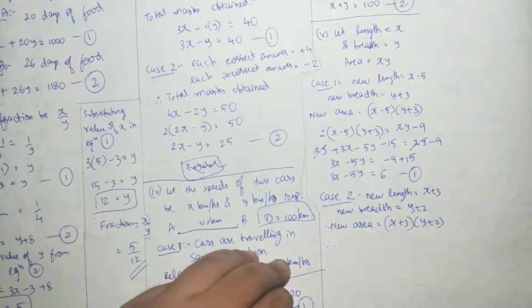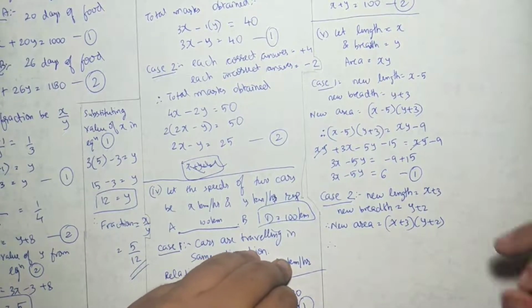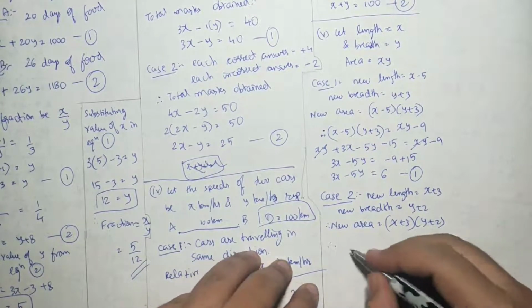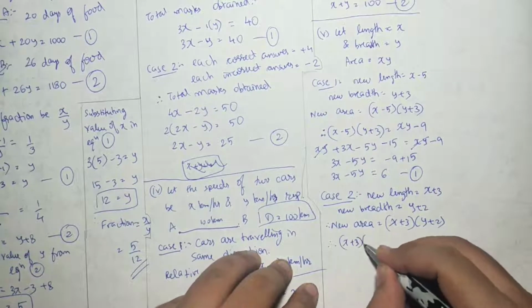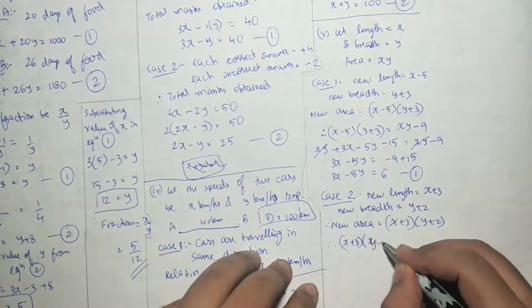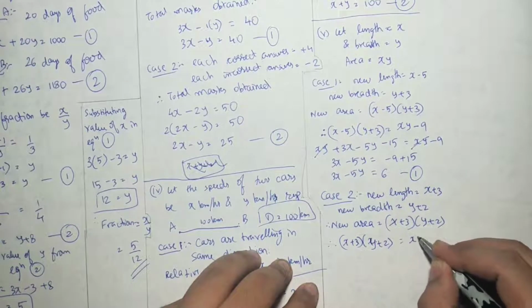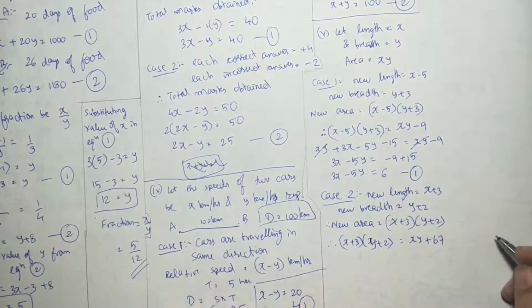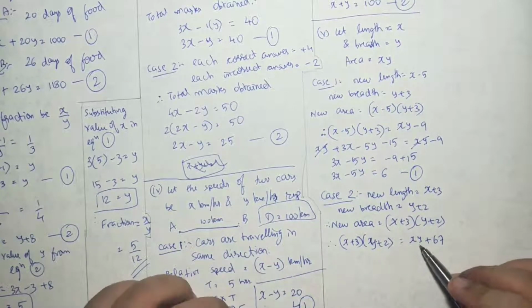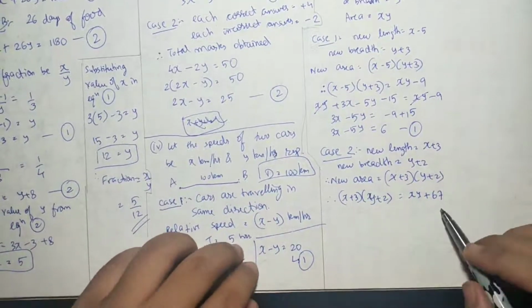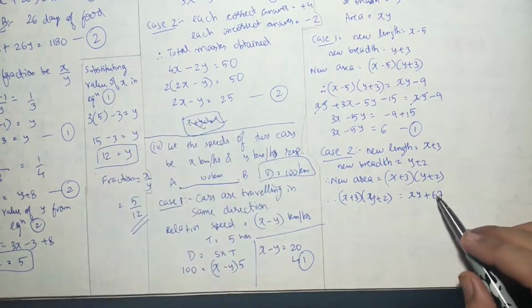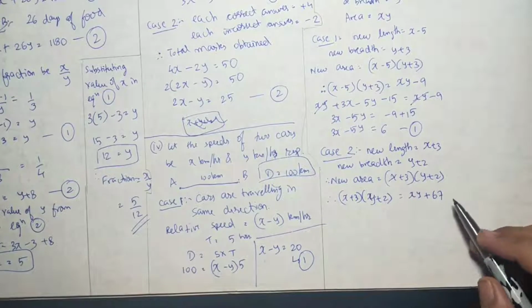Therefore, they have said that the new area is 67 more than the old area. So x plus 3 into y plus 2 is equals to xy plus 67. This is my original area, and the new area is 67 more than the original area.